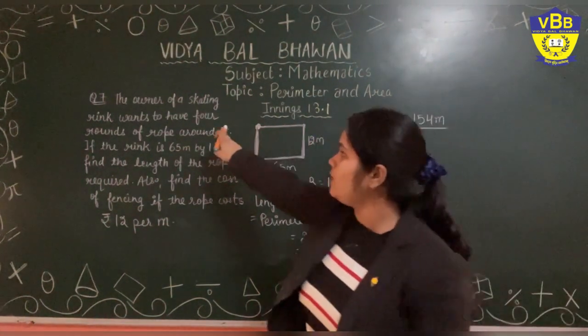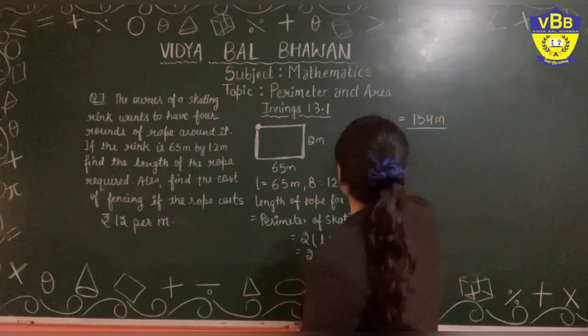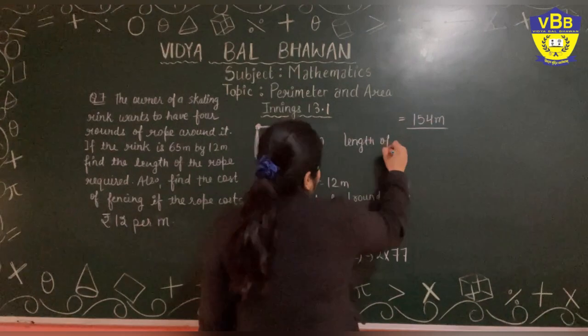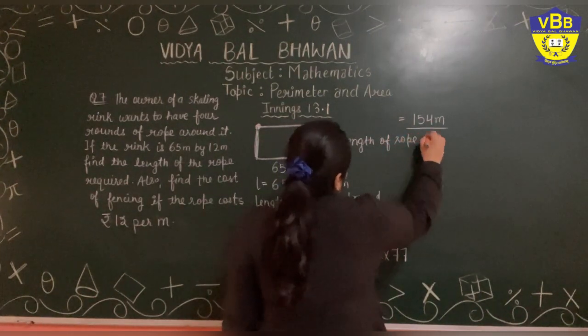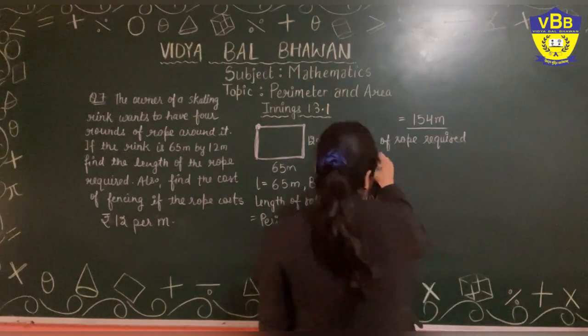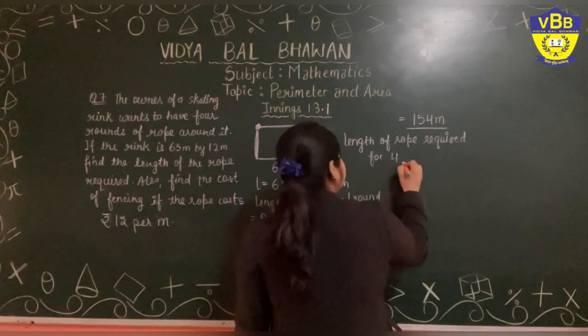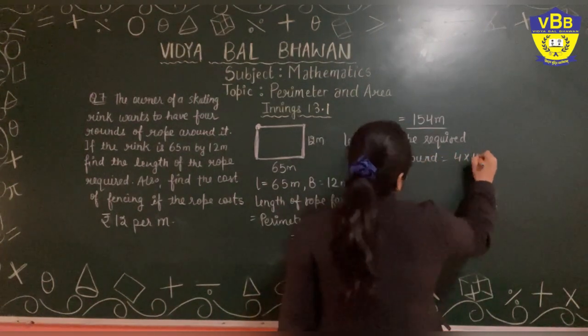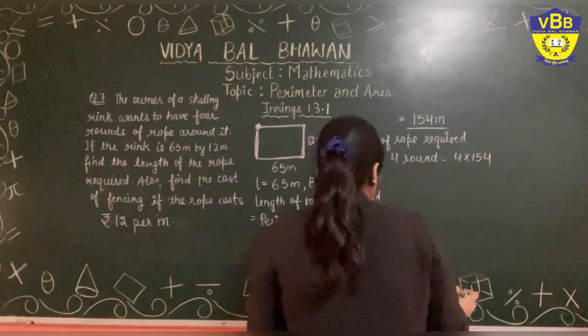But it was asking to have 4 rounds. So length of rope required for 4 rounds, I will simply multiply the perimeter with 4. That means 4 multiply 154.